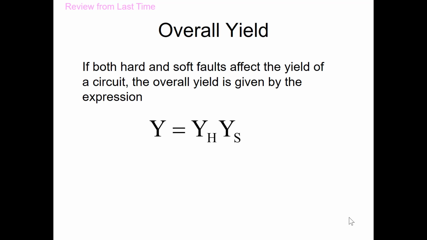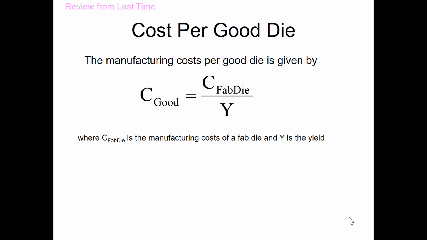They're just graded differently. The overall yield is the product of the hard yield and the soft yield. Usually they're uncorrelated, so we can multiply the two yields together. And then we talked about the cost per good die. So if you start losing some die, you can calculate how much it costs to fabricate a die by looking at the cost for the wafer and the number of die on the wafer and taking that ratio.